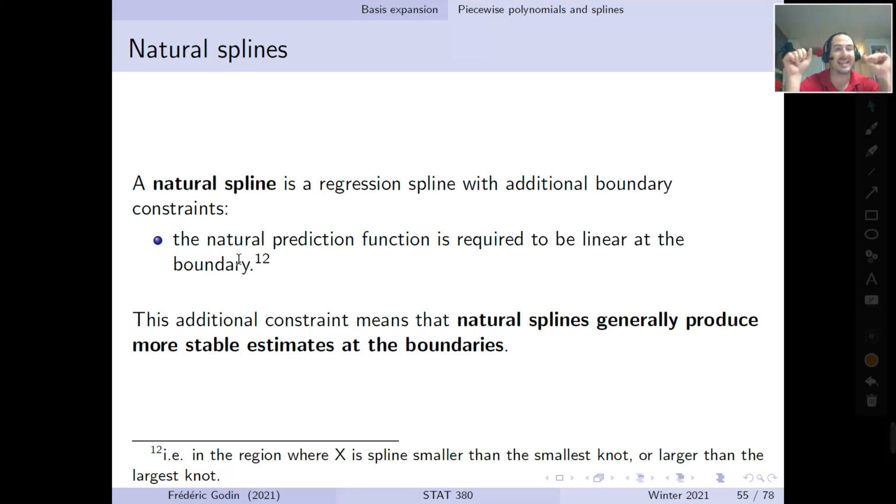So an example of a natural spline is a piecewise polynomial that is linear, cubic, cubic, cubic, cubic, cubic, cubic, and then for the last one, linear again. This entails that your spline is more stable at the two endpoints, or the two extreme subintervals, and you get more stable predictions for extreme values of x.